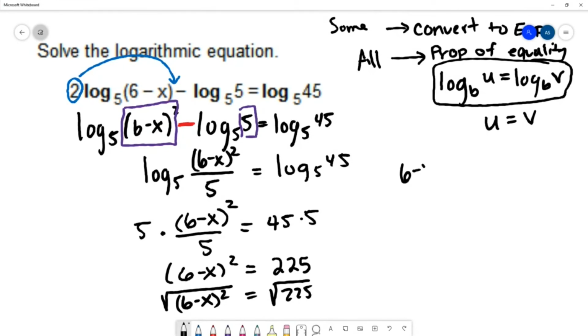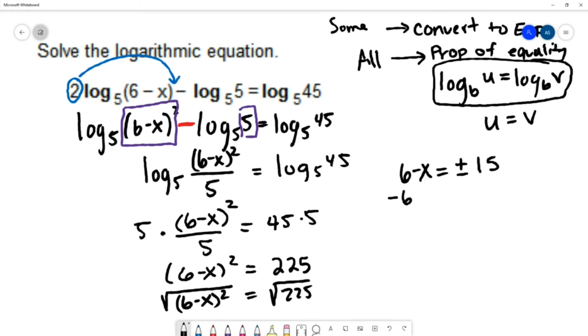And the square root and the square cancel each other out. We're going to get 6 minus x on the left. I'll gain a plus or minus symbol on the right. And the square root of 225 is going to give me, I believe, 15. Let me double check. 15 times 15 is 225. Then we're going to solve for x.